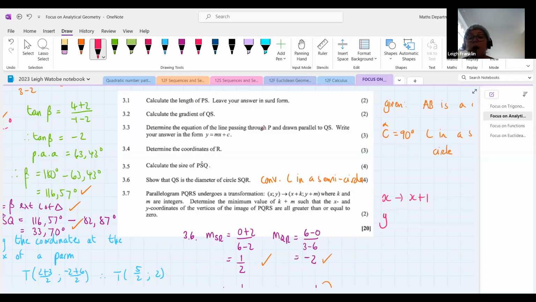In terms of Y, it would have to be, sorry, not X plus 2, it would have to be Y plus 2, and that would move the parallelogram up. Okay, so that means that K would be equal to 1, M would be equal to 2, and therefore K plus M would be 1 plus 2, which would give us 3.